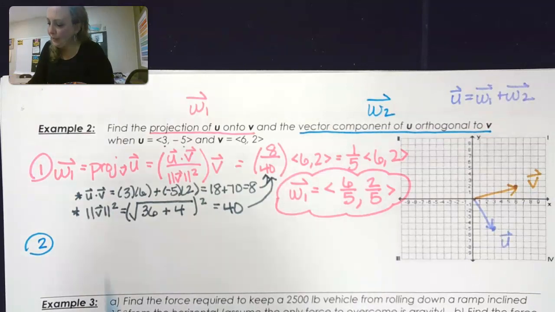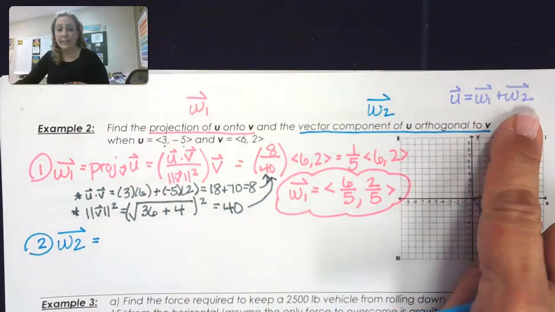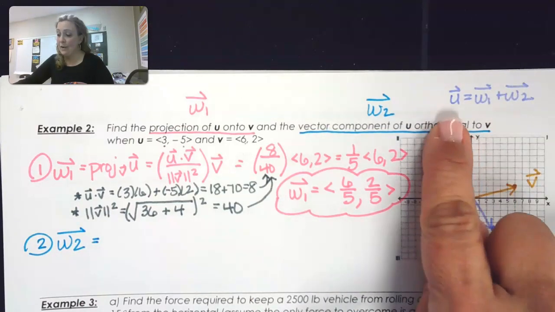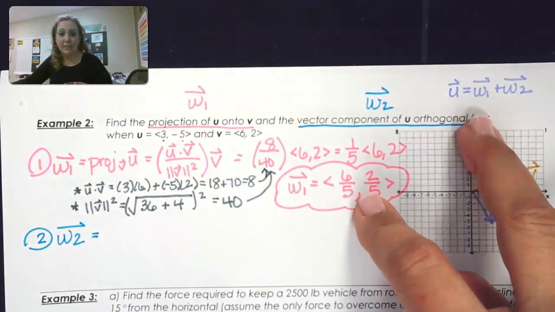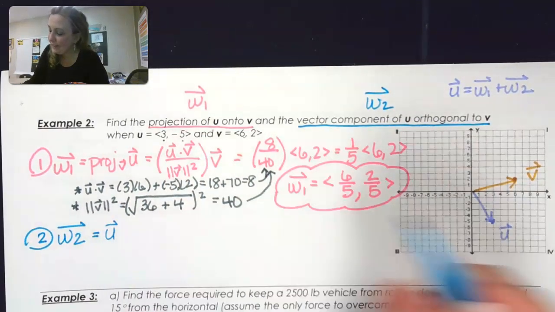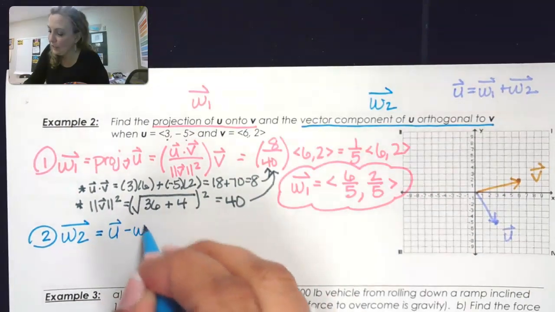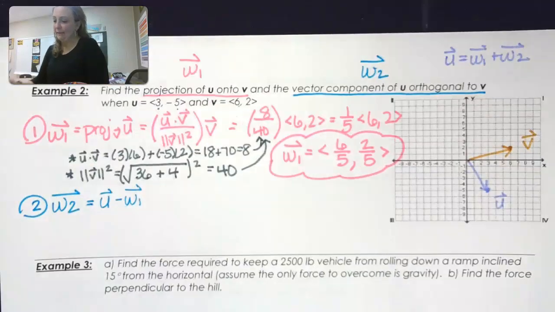Well, in step 2, it's asking me to find vector W2. And what's convenient is that I know vector U, because that was given, and I just found vector W1. So I can say that to find W2, I can take U minus W1. So let's take a look and do that.